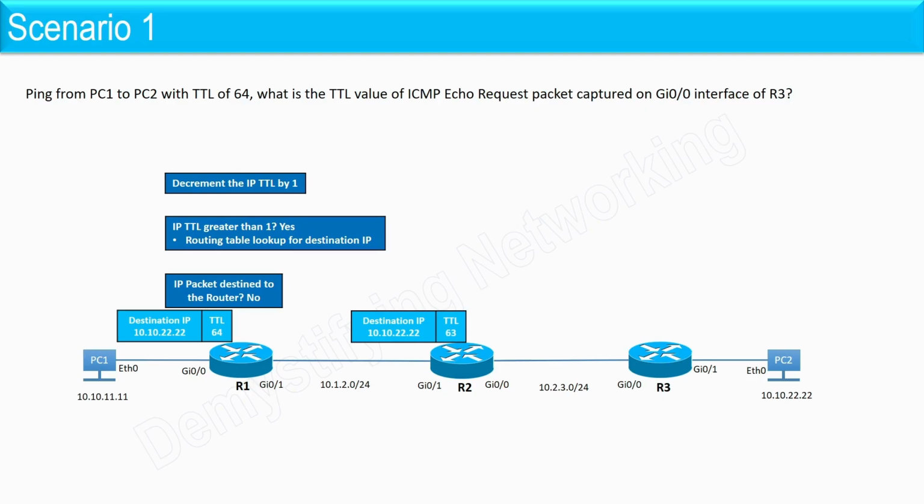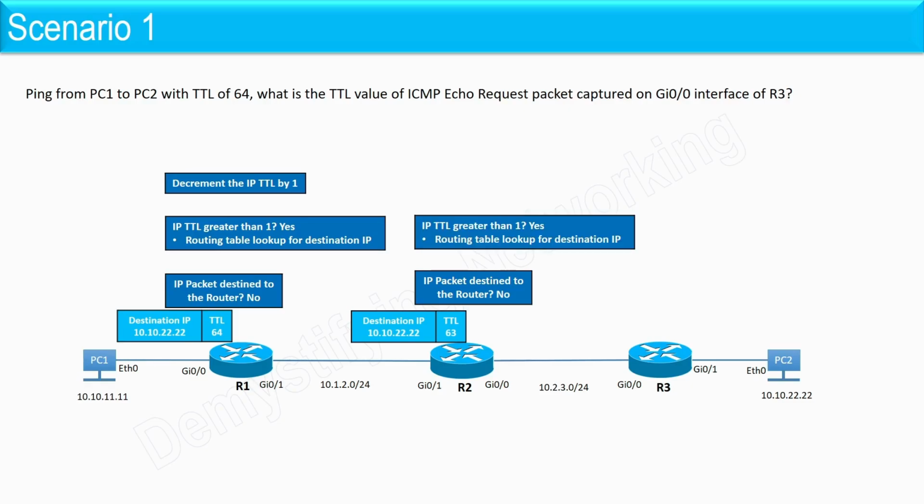When router R2 receives the packet, it also verifies if the packet is destined to the router itself. In this case, the packet is not destined to the router. The router then verifies if the TTL value of the received IP packet is greater than 1 or not. In this case, it is greater than 1.